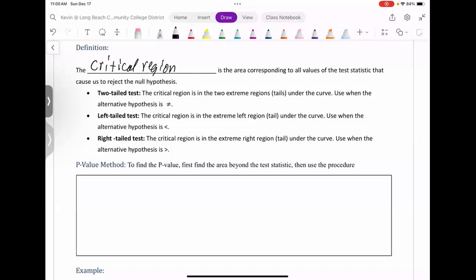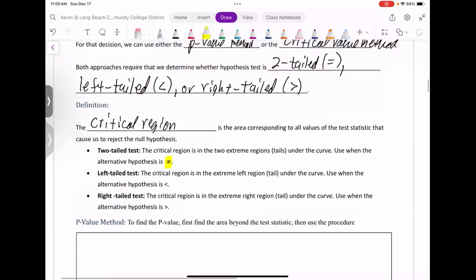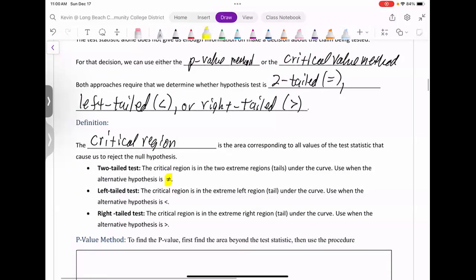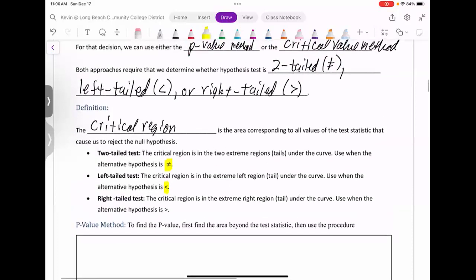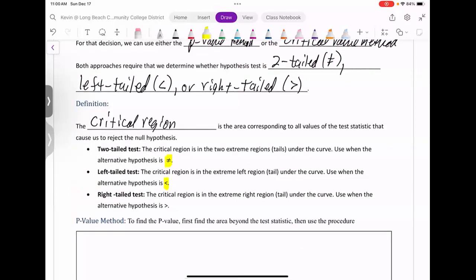Now, in a two-tailed test, the critical region is broken into two tails, and the alternative hypothesis is going to use the not equal to symbol. And you can see above, that's why I put the not equal to. A left-tailed test is going to be when it is less than. Again, that's why I put the less than symbol there. The right-tailed test is when the alternative hypothesis is a greater than.